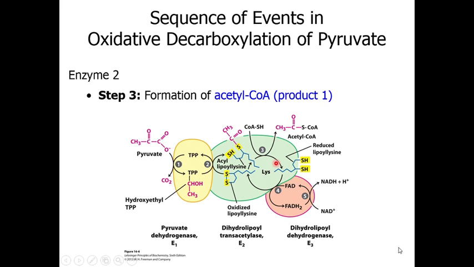Essentially what's happening is the acetyl group is transferred from this thiol to the coenzyme A, and the coenzyme then takes the acetyl group and becomes acetyl-CoA. And in the process, the lipoyl group is fully reduced and becomes reduced lipoyl lysine.